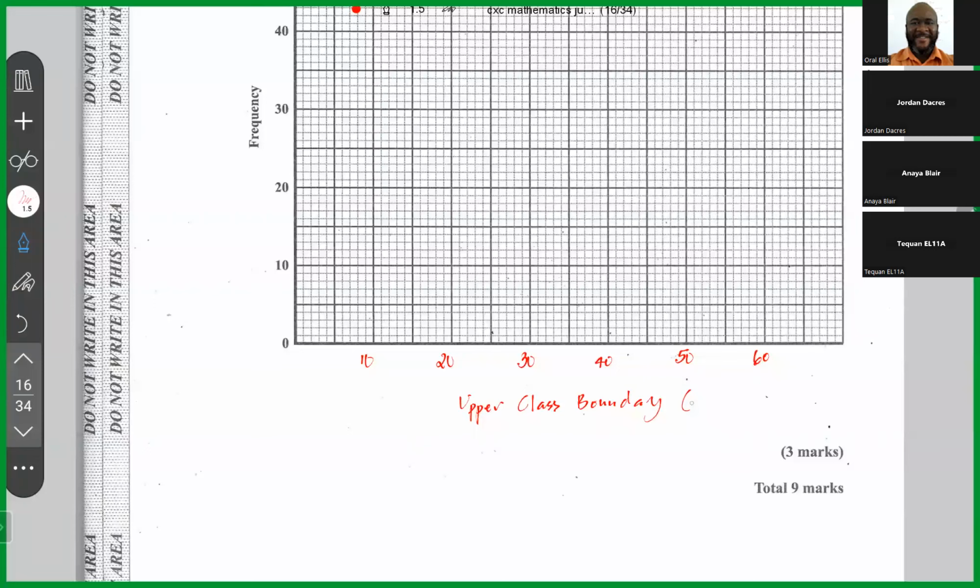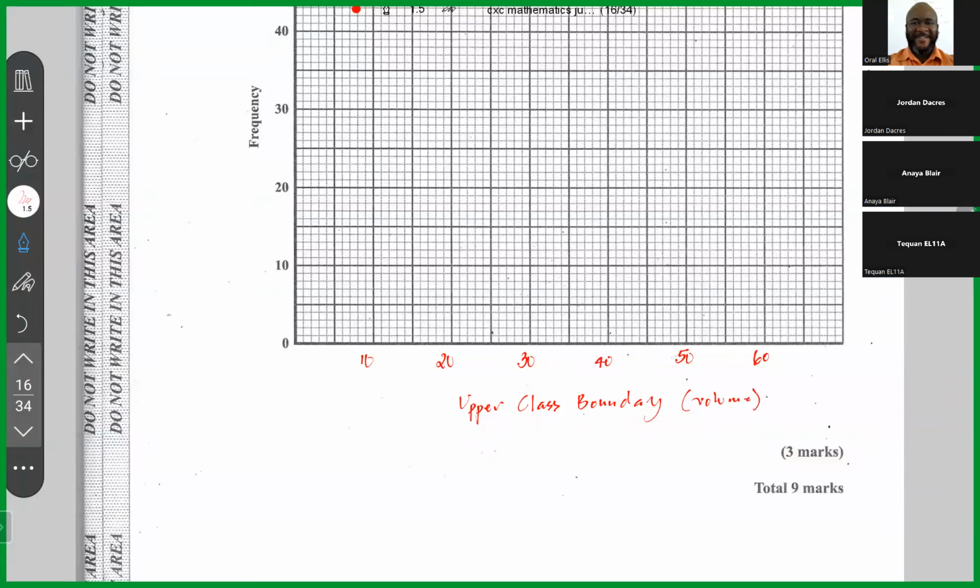Now, the first upper class boundary is 20.5, and that corresponds to a frequency of 24. At the bottom, each of these minor divisions is 1 unit.